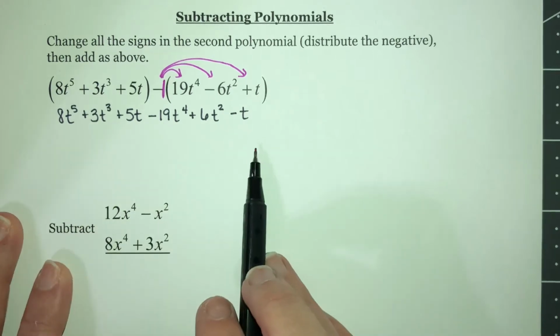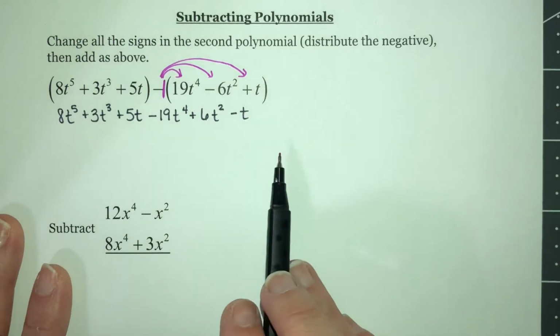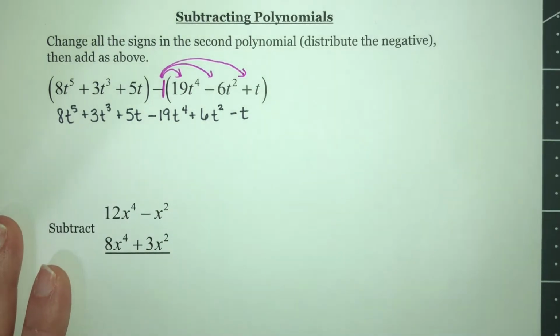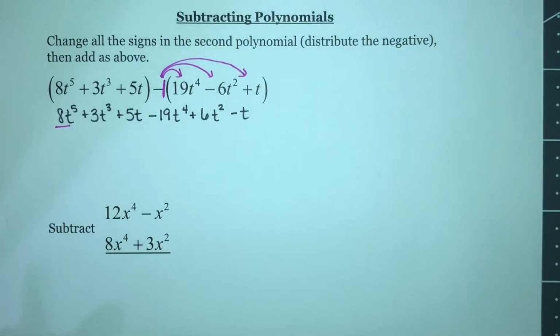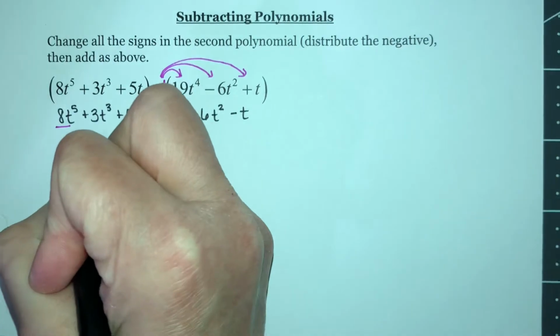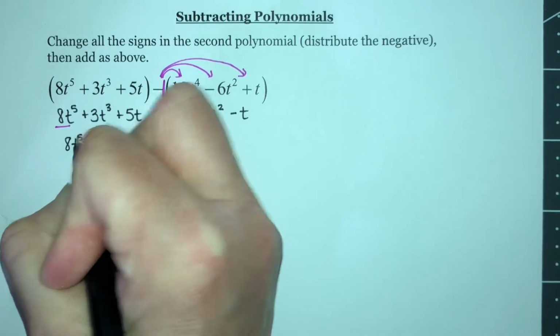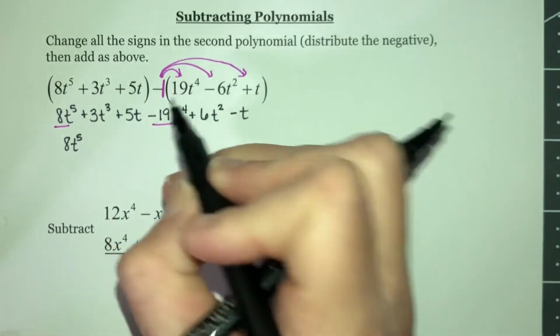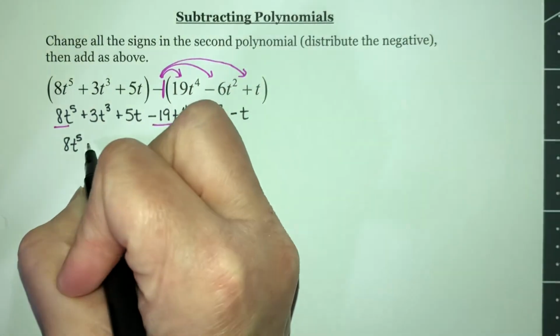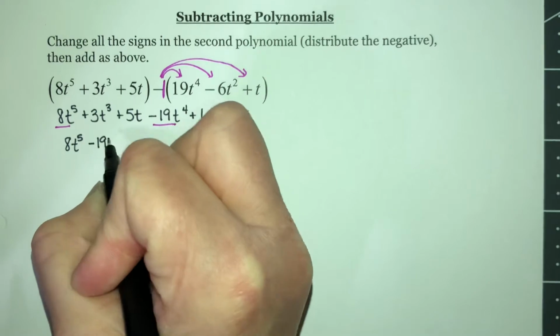We need to combine like terms and get things written in the proper order. My largest exponent is a 5. And I don't have any other 5th powers in there, so it's just 8t to the 5th. My next largest would be this 4th power. And there's nothing to combine with it.